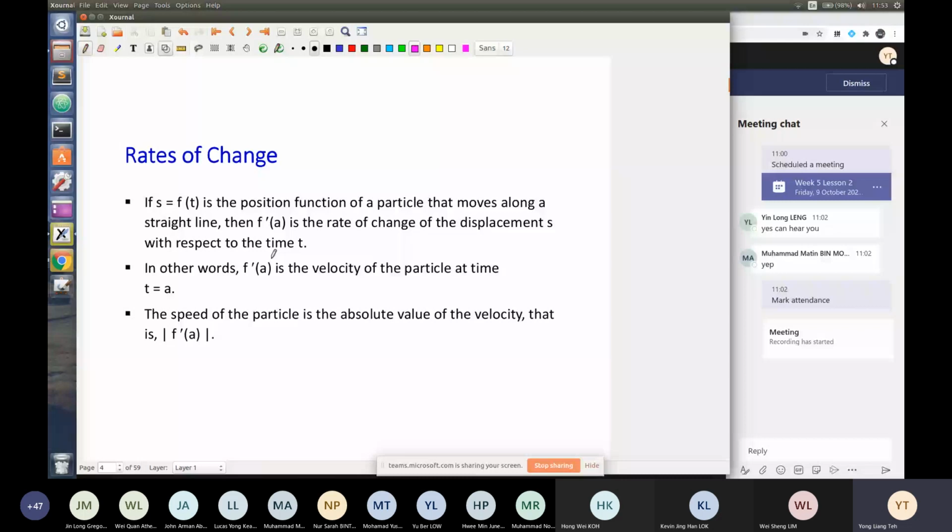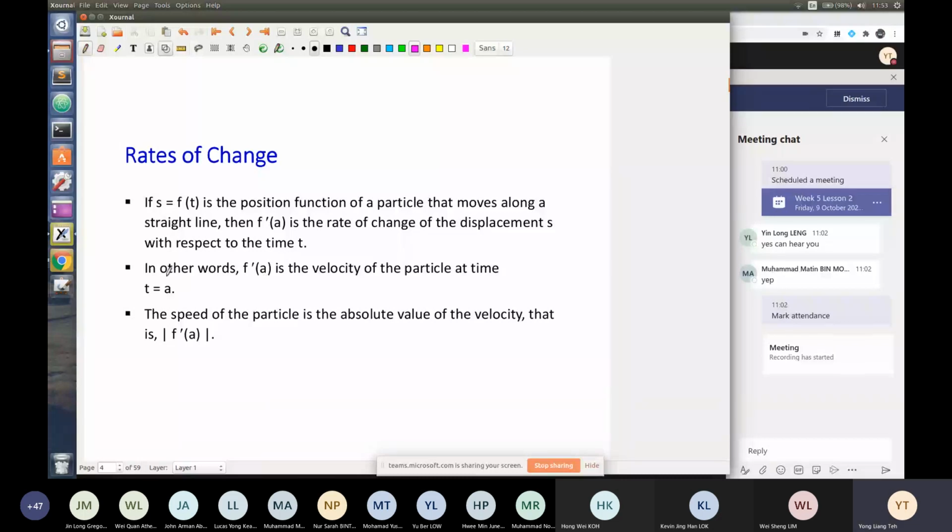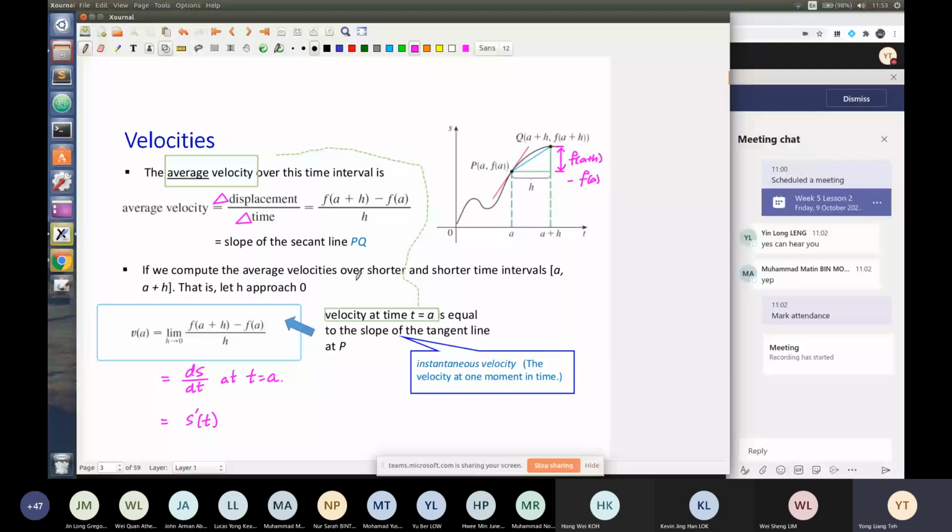In other words, F prime A is the velocity of the particle at t equals A. Because velocity involves direction, if the velocity is negative or positive, then we know the direction the particle is going.